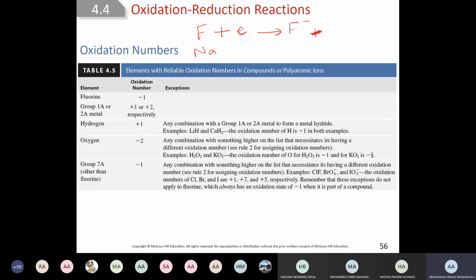When sodium goes to Na plus, plus electron. All right? When any element loses electron, we say this is oxidation. When any element gains electron, we call this what? Reduction. Clear?